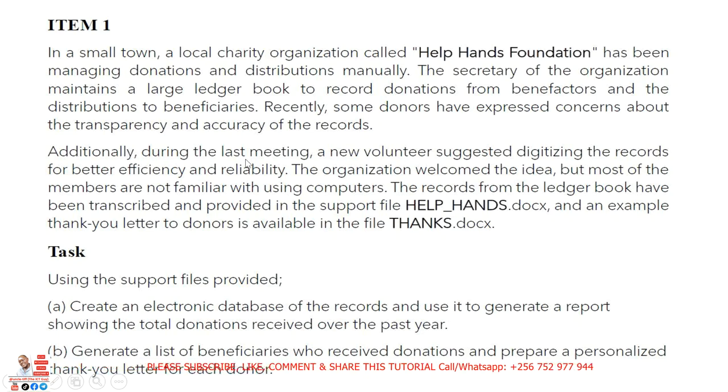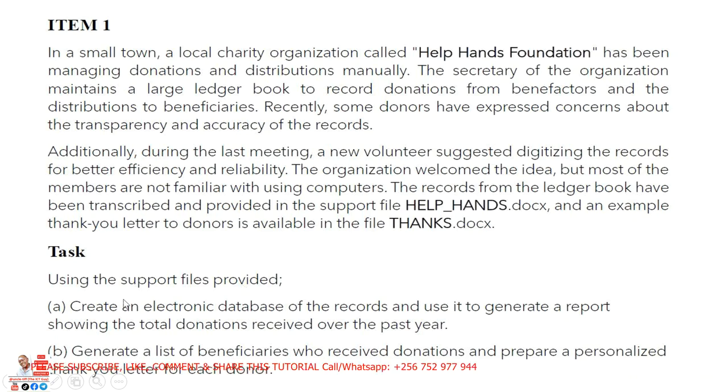Additionally, during the last meeting, a new volunteer suggested digitizing the records for better efficiency and reliability. The organization welcomed the idea, but most of the members are not familiar with using computers. The records from the ledger book have been transcribed and provided in the support file helphands.docs, and an example thank you letter to donors is available in the file thanks.docs.